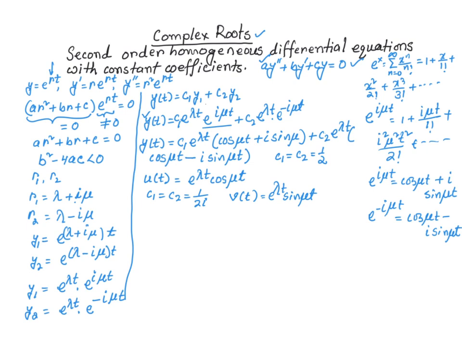Now, this U of t and V of t are actually solutions to the original differential equation, which can be shown, by the way, by finding the Wronskian. This is a topic for another video, but just to give you an idea: what is the Wronskian? Let's say U of t is one solution and V of t is another solution.